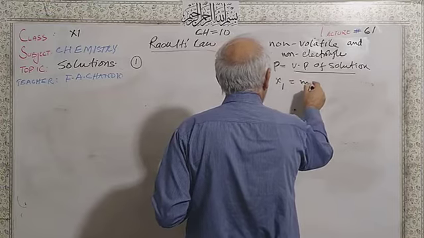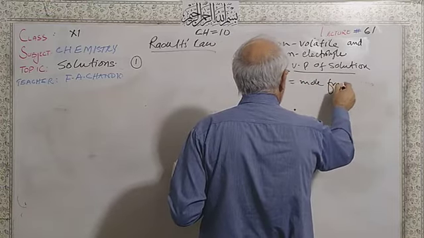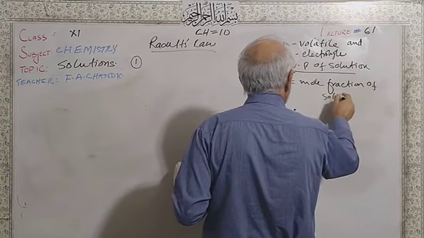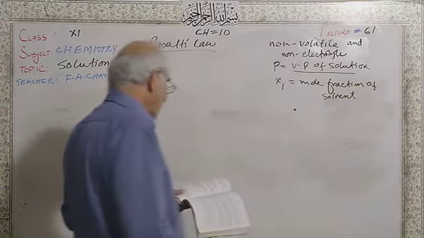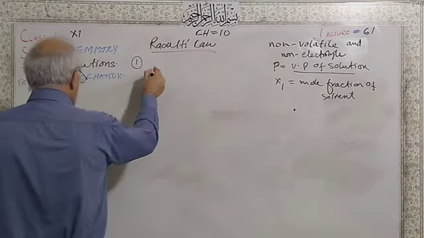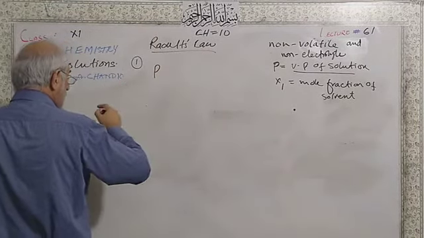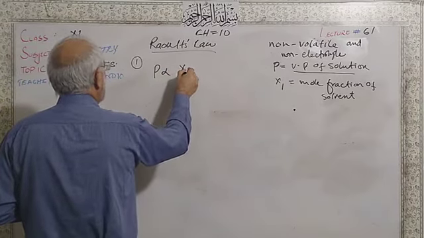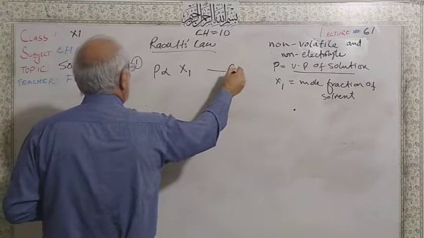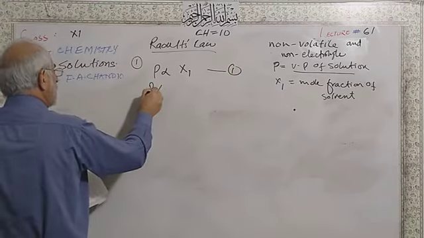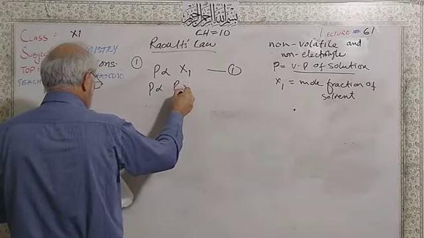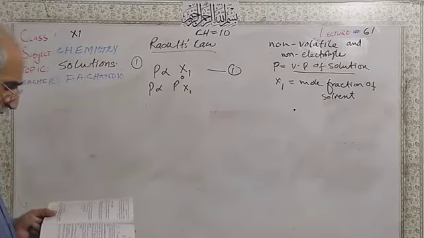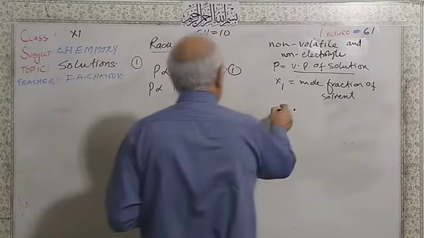X1 is the mole fraction of solvent. So the vapor pressure of solution is directly proportional to the mole fraction of solvent, or P is proportional to P naught X1, where P naught is a constant of proportionality.